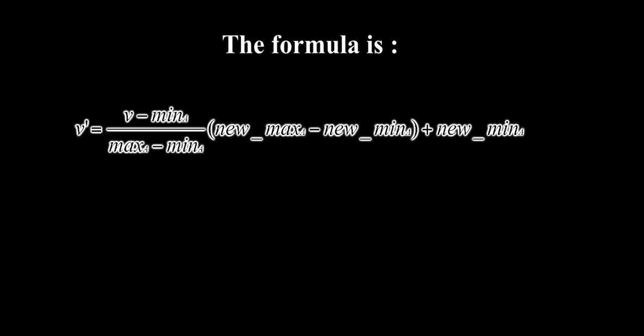The formula to do that is normalized value equal to the original value minus the minimum value between all the values of the same attribute, all of these divided by maximum value between all values of the same attribute minus minimum value.